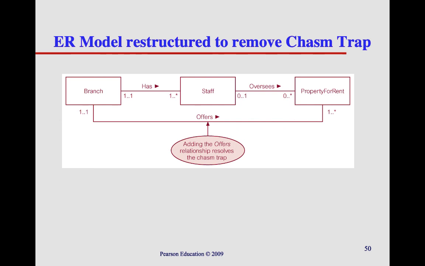So we might have, we now have a property for rent. P001 is managed by staff S010 at branch B1. Okay?